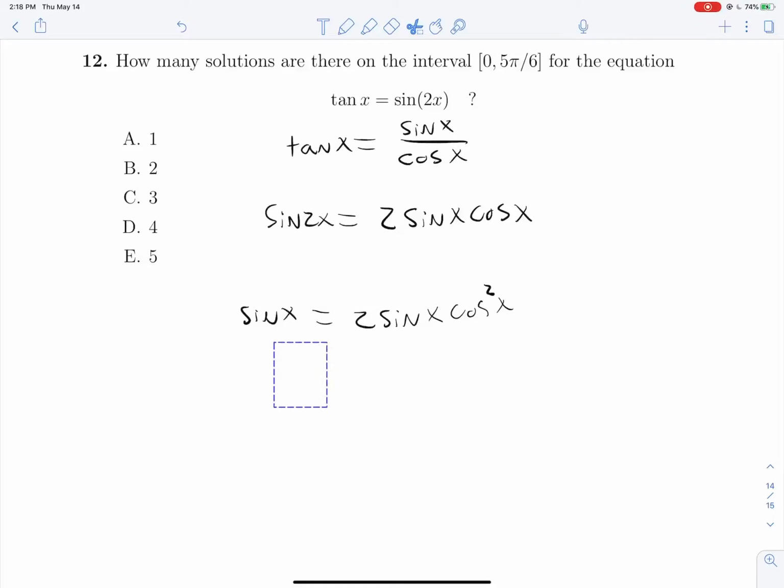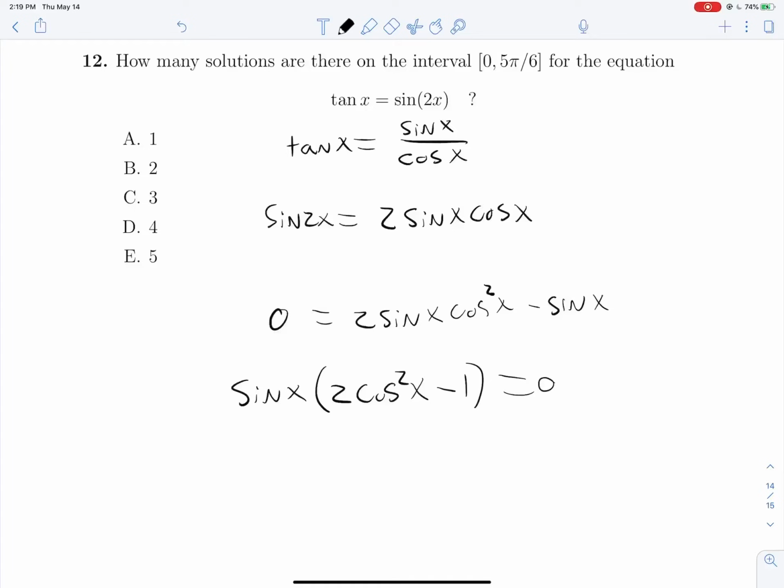Let's subtract this sine x over here. We will get 0 is equal to 2 sine x cosine squared x minus sine x. Let's factor out a sine x on the right side, and I'll rearrange this so it's on the left. So sine x multiplied by 2 cosine squared x minus 1 is equal to 0.